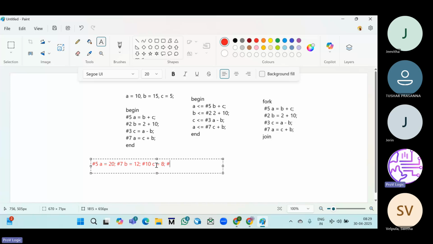Next, A is equal to 20. Is that correct? Others? Yes, ma'am. Okay. Next, for non-blocking, what is the output?